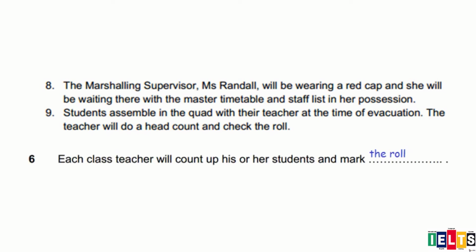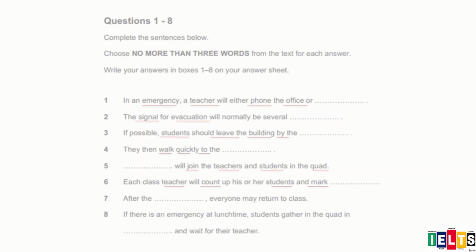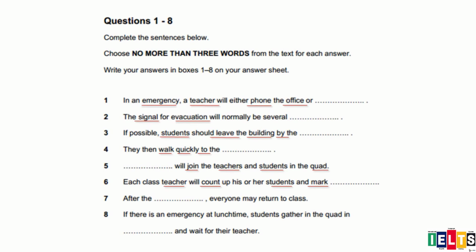So we can now see that the missing words are the roll. So on your answer sheet, write the roll under the 6th answer. Then return to the question paper and look at question 7. For question 7, you need to complete the following sentence.